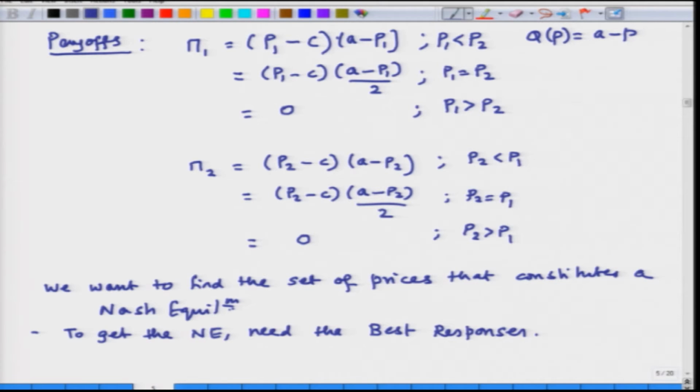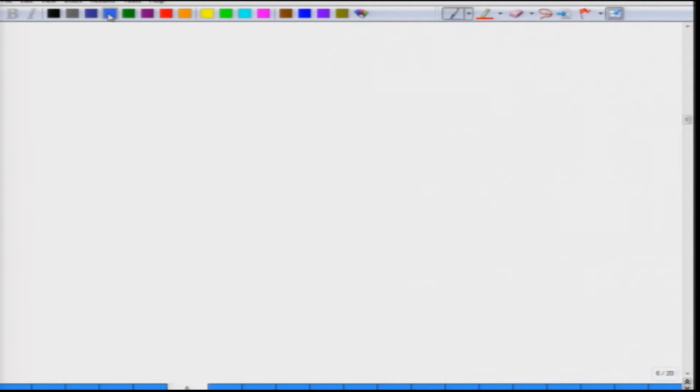So, we will start with first principles and look at the best response for firm 1 for each possible choice of P2 chosen by firm 2, and then we will do the same thing for firm 2 also.